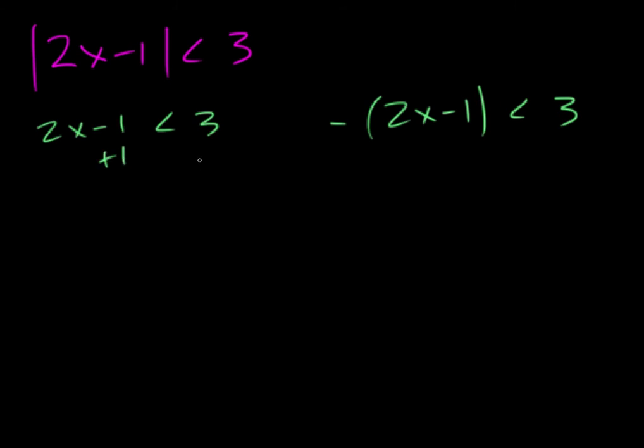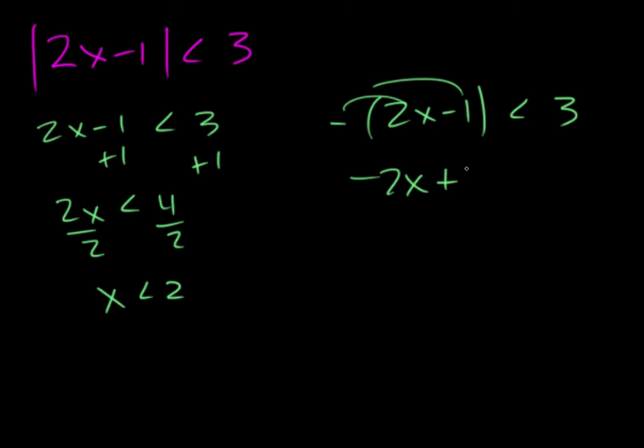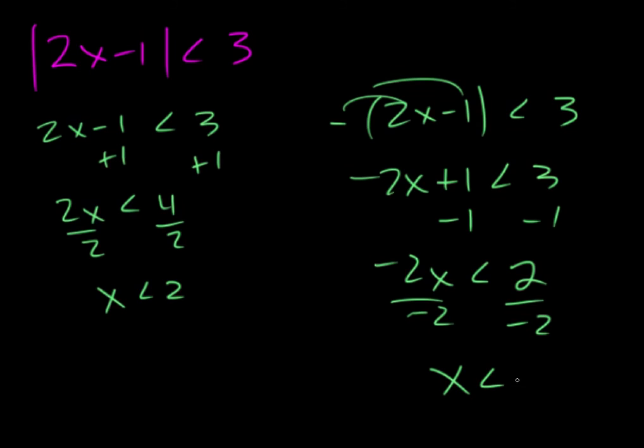And so we add 1, 2x is less than 4, divide by 2, x is less than 2, and then distribute the negative. -2x plus 1 is less than 3, minus 1, -2x is less than 2, divide by -2, x is less than, no, when you divide by negative, you need to flip the inequality.